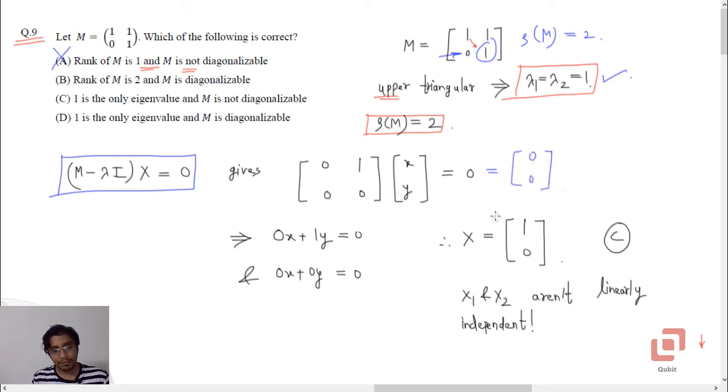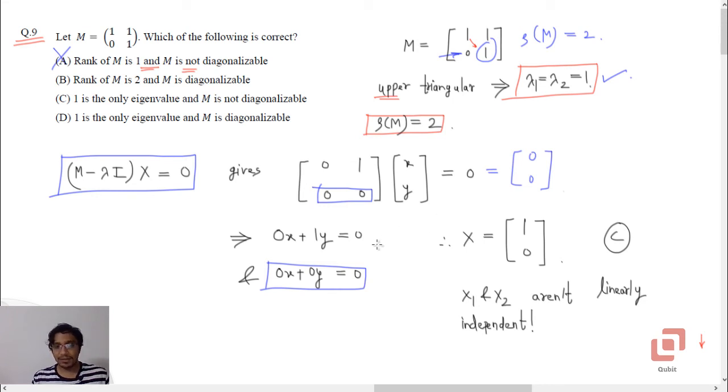Now this is a homogeneous system possessing non-trivial solutions by design. So let's not worry too much about the second row, because that is what we expect if a homogeneous system has non-trivial solutions. What is the first one? 0x plus 1y equal to 0.